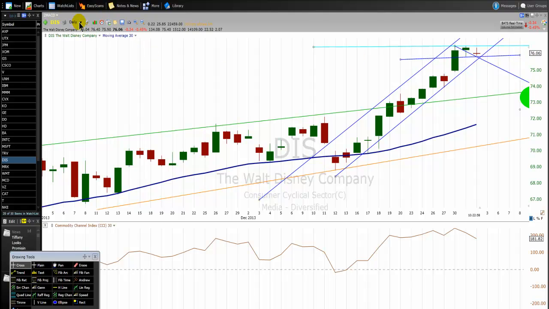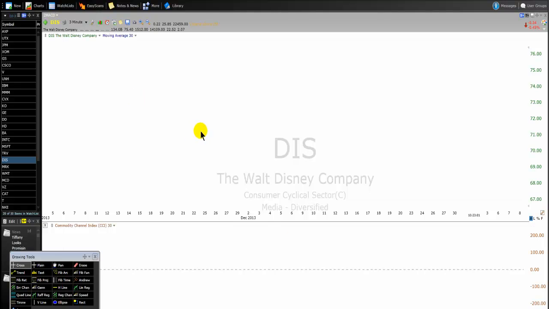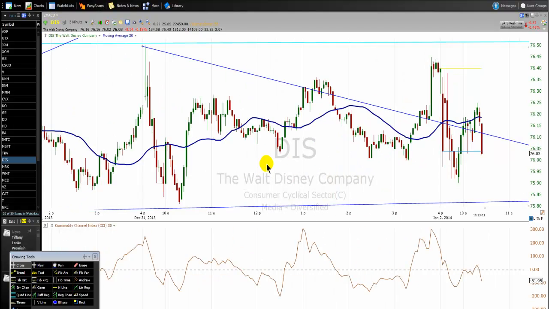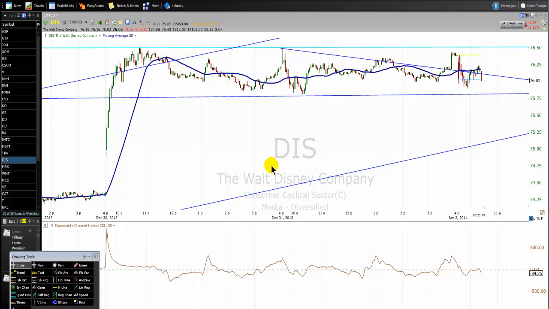So let's switch to the 3-minute chart and see what they are doing around that level. Now this is not my line. Okay, this is my line, my horizontal line. So priority to bullish signal above this horizontal line here.